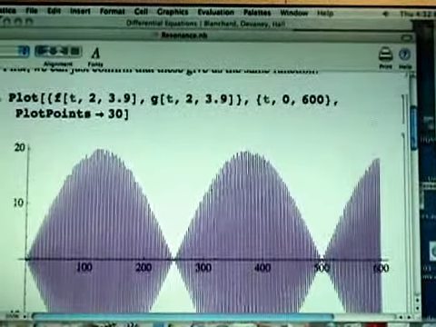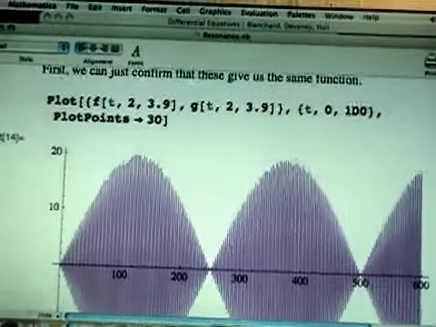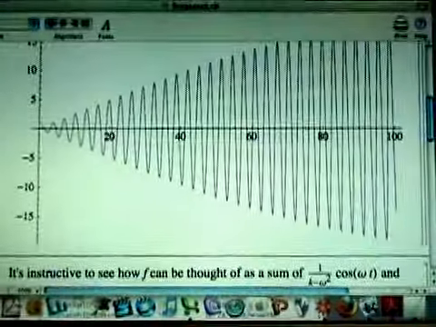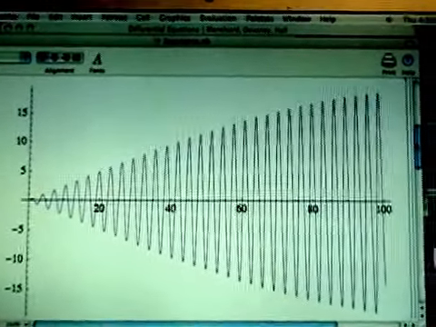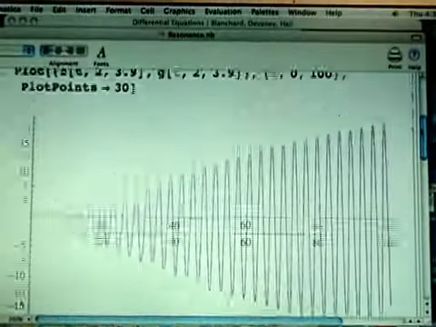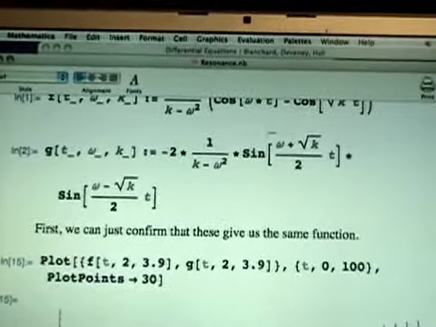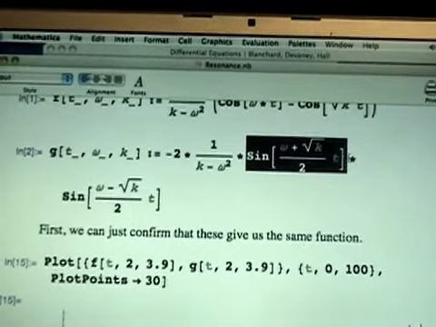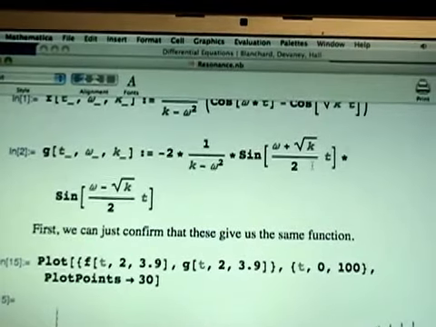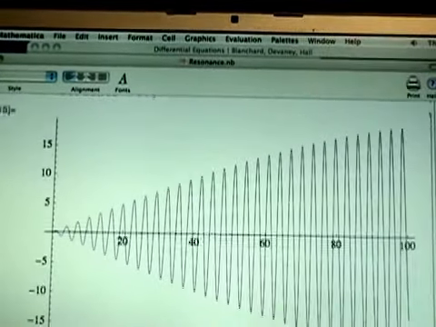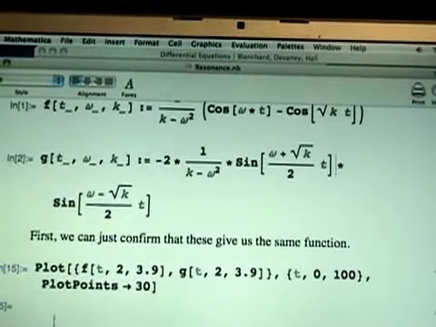It's a combination of fast and slow oscillations. Here you can see them both. The quick up and down, that's the fast oscillations. In the form of the solution up here, that comes from this term right here. The slow oscillations, the overall up-down pattern that goes more slowly, has a smaller frequency, comes from this one.